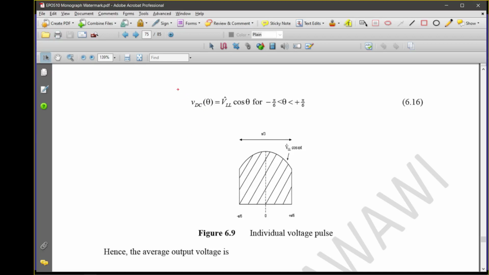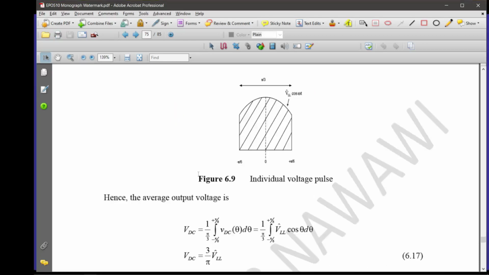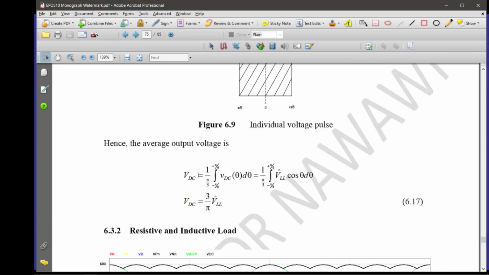And this is your equation, from minus pi over 6 to plus pi over 6. Then you integrate that to get the output voltage, and pi over 3 is 60 degree. So you solve that, then therefore the output voltage VDC equals 3 over pi V peak line to line.